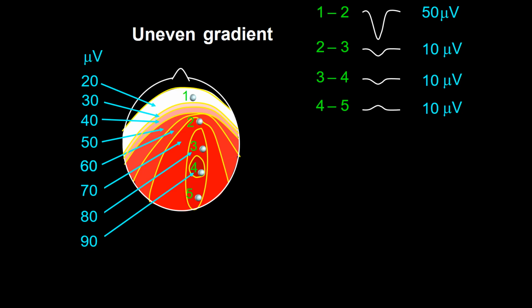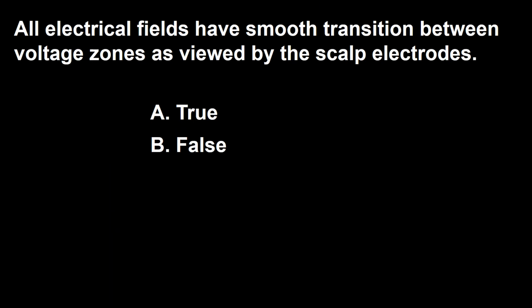Such a wave suggests an anterior maximal positivity when in reality, as it is depicted in this frame, it is a much more posterior negativity that is creating the field. So the answer to this question is false.